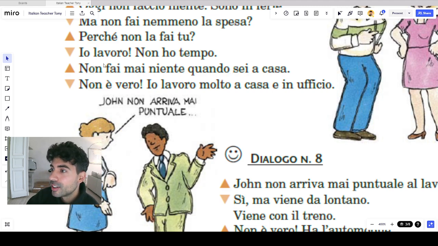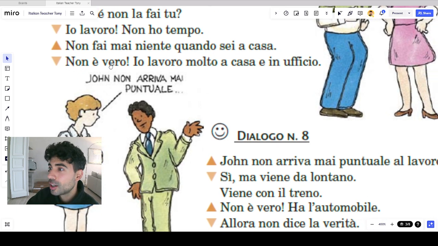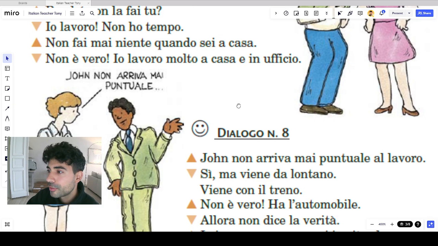You never do anything when you are at home. Mai niente. You don't ever anything when you're home. Non è vero, it's not true. Io lavoro molto, a casa è un ufficio. I work a lot at home and in the office.